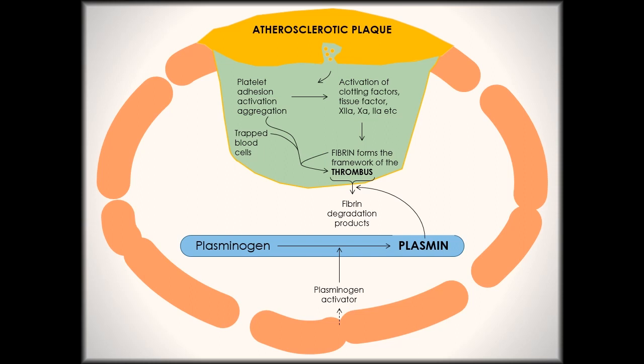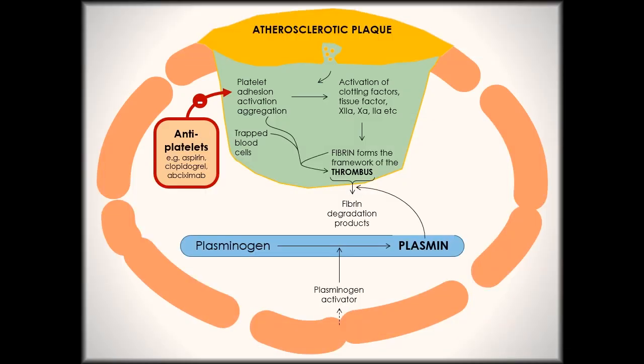Now, where do all the drugs that we can use act? Firstly, we've got the antiplatelets like aspirin and clopidogrel, which prevent platelet activation, therefore preventing the first part of the cascade of events that leads to thrombus formation.